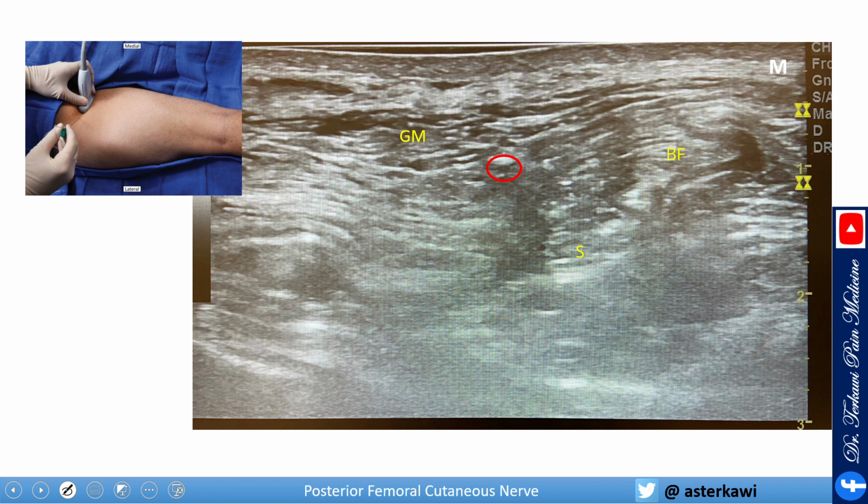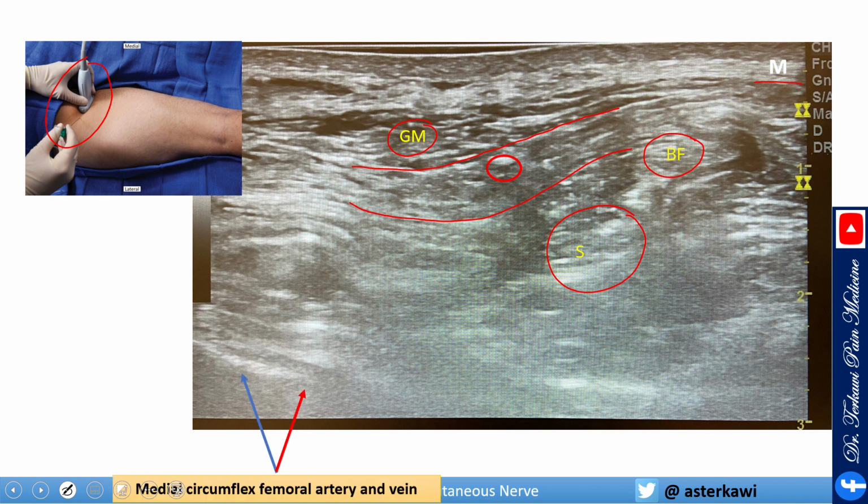This is another picture showing how you place the ultrasound probe. This is medial. You have the biceps femoris here, the gluteus maximus, and then that's the fascia lata here, and that's the other investing fascia here. That's your sciatic nerve here, and this hypoechoic structure is the PFCN.